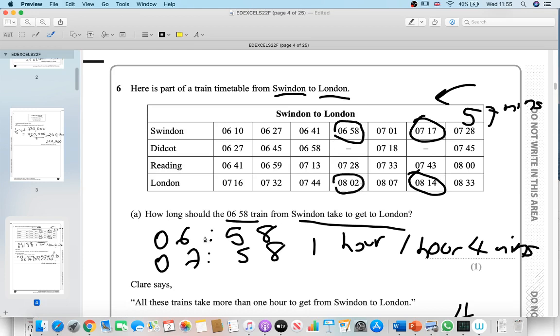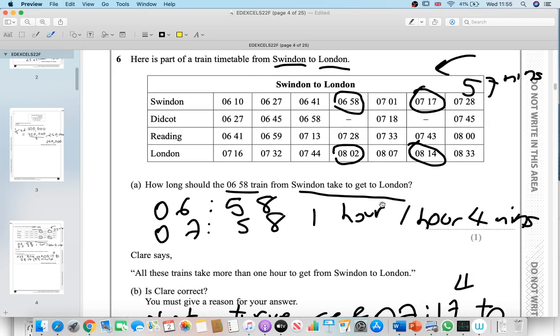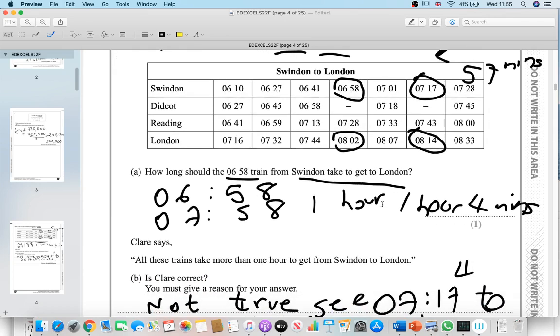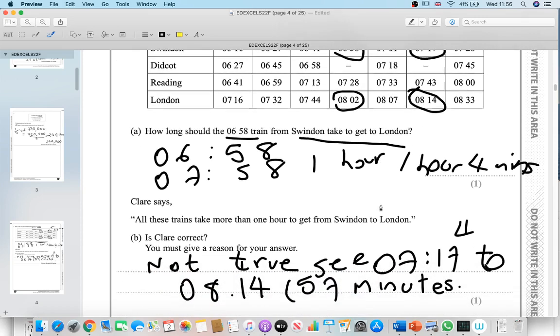So it's 1 hour and 4 minutes, because 1 hour gives me 7:58, then I add 2 minutes to get to 8 o'clock, and 2 minutes again to get to 8:02. That's a total of 1 hour and 4 minutes, or 64 minutes. I would advise putting your answer in hours and minutes, but I think they should accept 64 minutes as well.